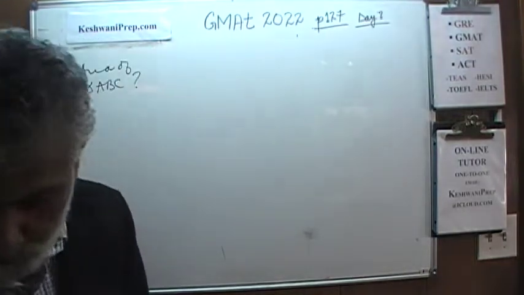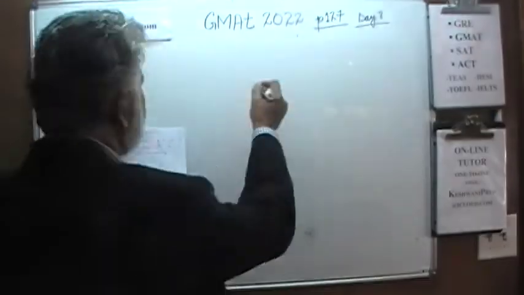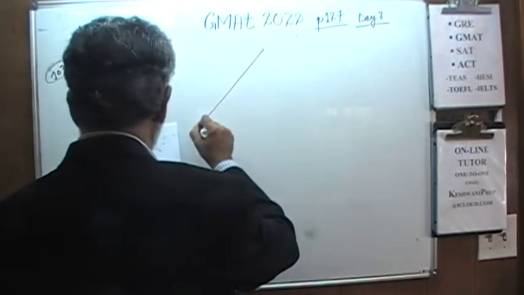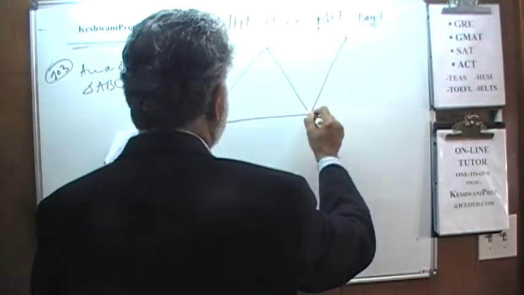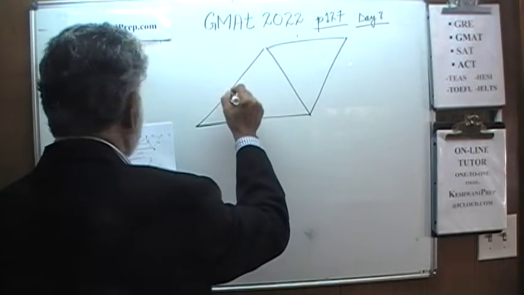We are given a blueprint of an apartment which looks something like this. And there's a wall here.